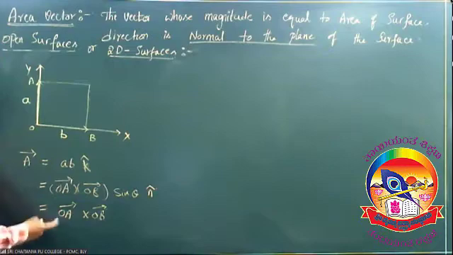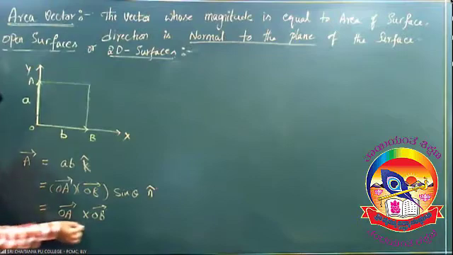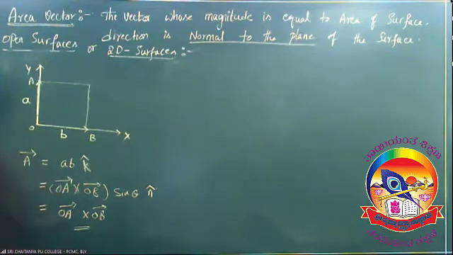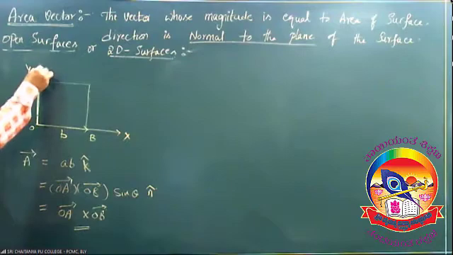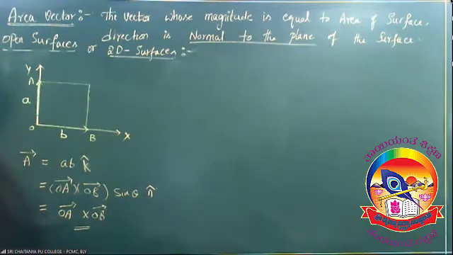The direction of the cross product is always normal to the plane. Whenever different planes are given to you by different sides, if you want to find the area vector, apply this. If they are regular, one along y and one along z, immediately you can find it is along x.